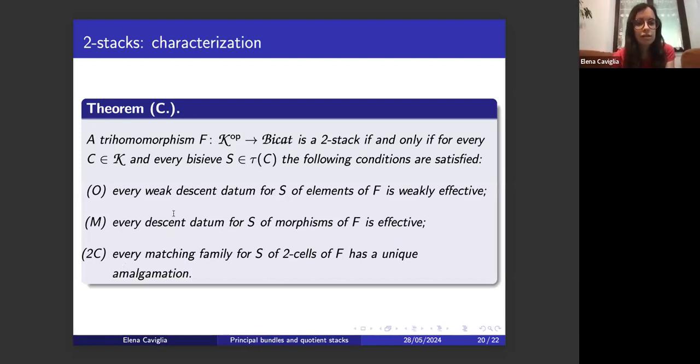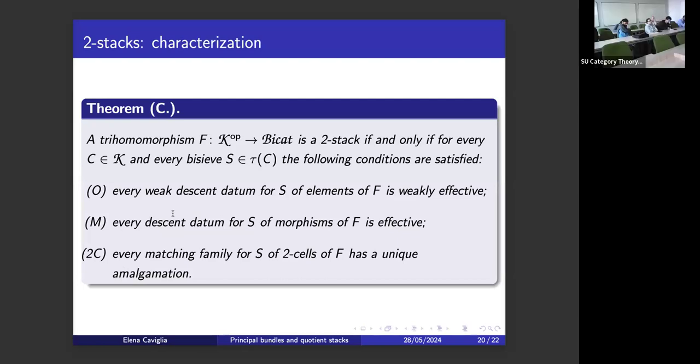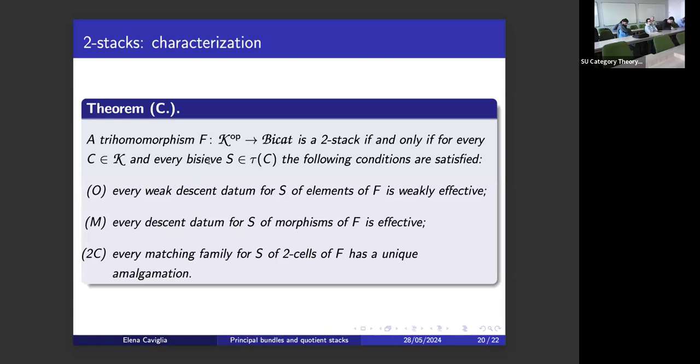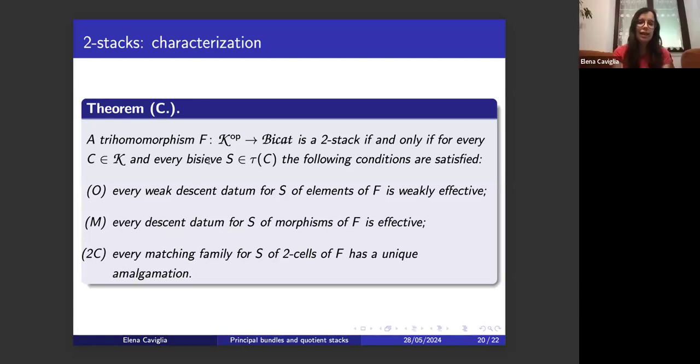And I call this condition every weak descent datum is weakly effective. And I'm not showing you the details of the definition of weak descent datum and weakly effectiveness, but essentially the idea is that this time the global object recovers the local ones only up to equivalence instead of isomorphism.